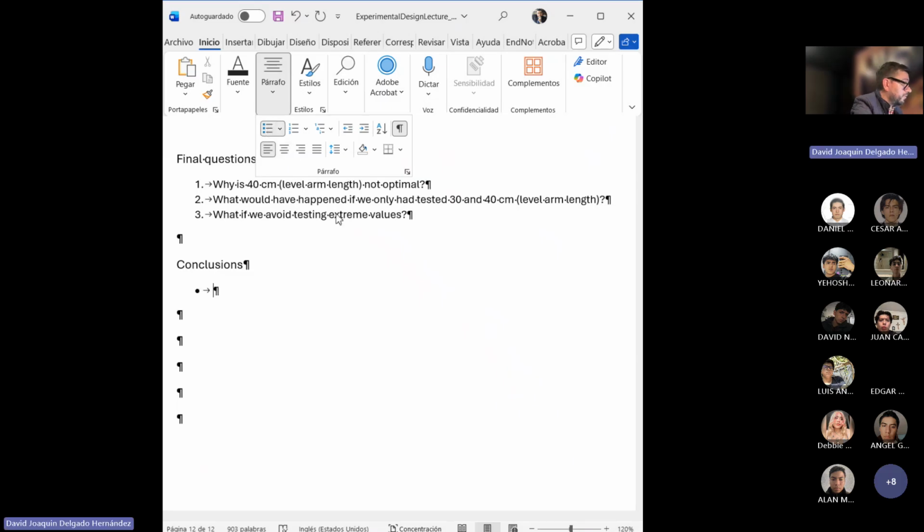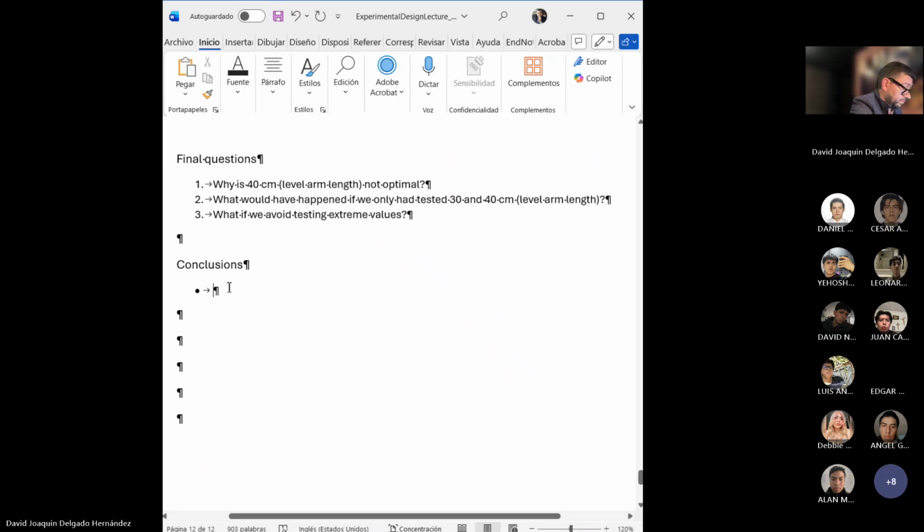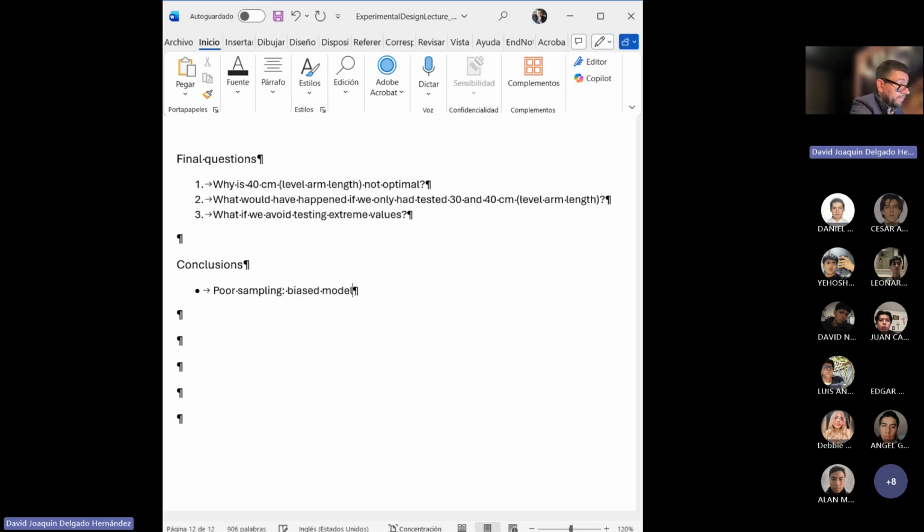Bullet points. So first, if you have poor sampling, you are going to have a biased model. So that's why I was telling you that you have to increase the runs in order to have more data to make your model more reliable.